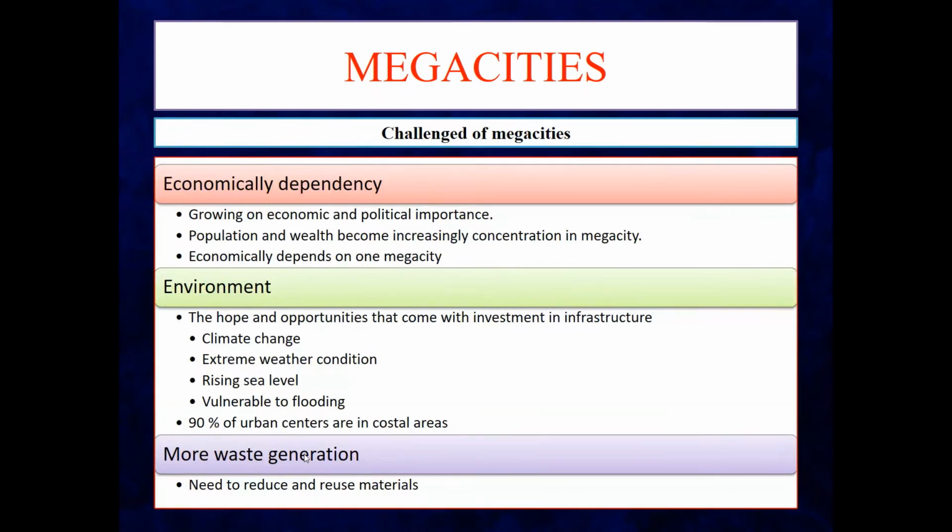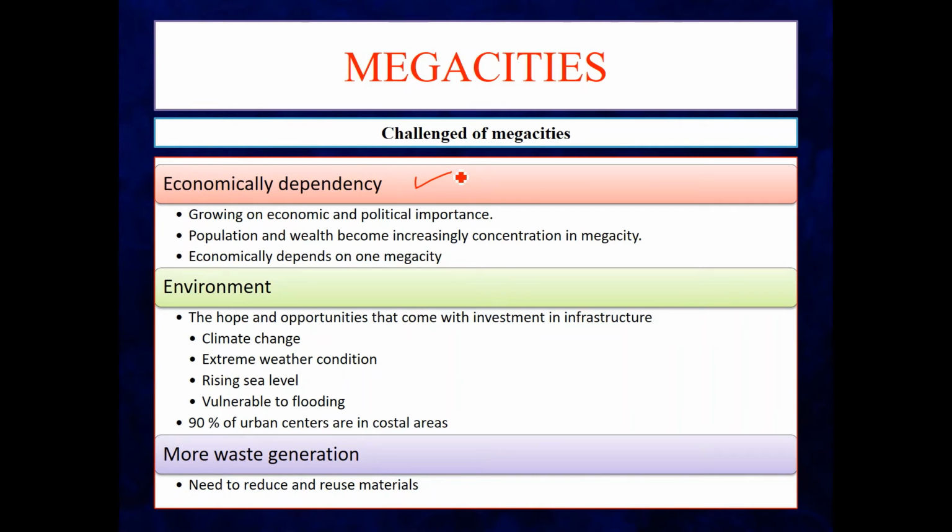Now we have some challenges in megacities. First challenge is economic dependency. Economic dependency means the country's economy depends only on these megacities. The same thing we can see in India: almost 50% of India's GDP depends on Mumbai, Ahmedabad, Hyderabad, Chennai, and Bangalore, as well as Delhi.